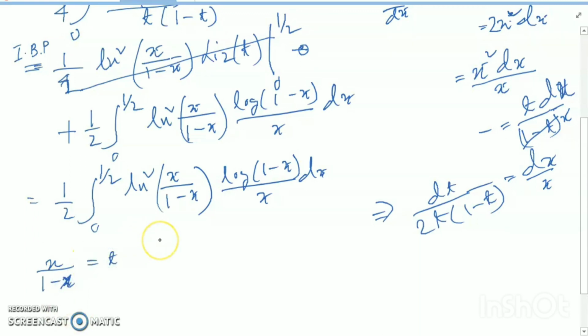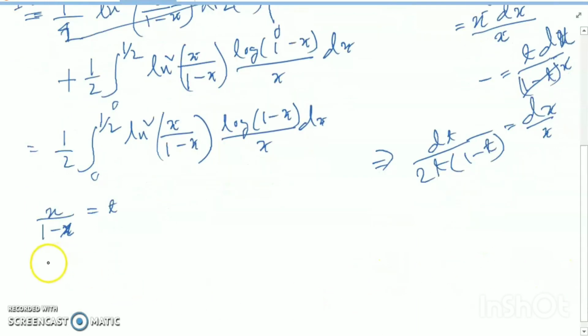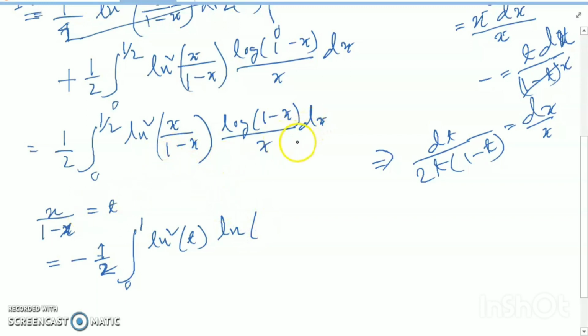So whatever I get, minus half, integral from 0 to 1 of ln square t into ln of 1 plus t divided by 1 plus t, into t.